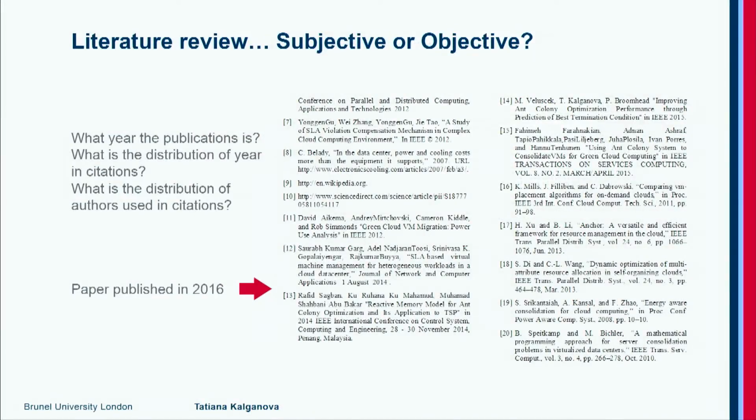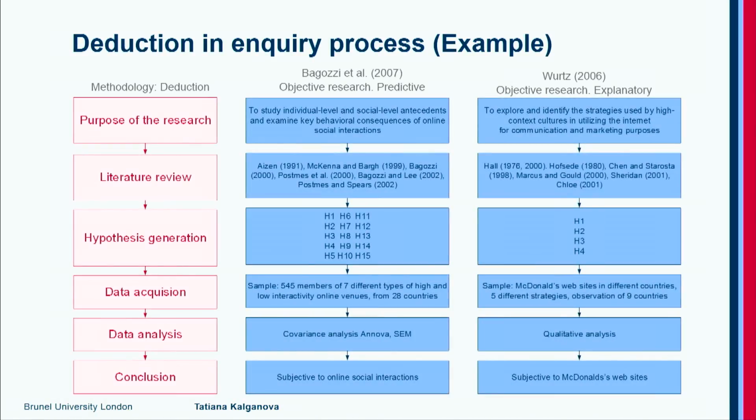We just had a look at how analysis of subjectivity and objectivity on one particular step of the research process is important for us to understand the boundaries, and whether our literature review is objective or subjective. Let's have a look at how we can carry out a very similar analysis on every single step of the research process. As a case study, let's look at deduction in the inquiry process.